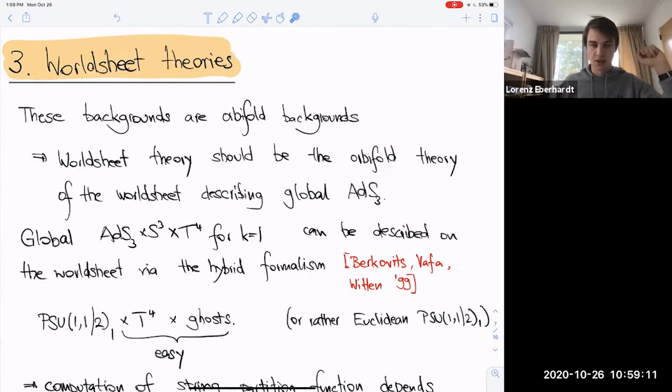And I'm calling this PSU(1,1|2) because I don't have a better name. That's actually the Lorentzian geometry. I actually need the Euclidean rotation of this. So you could call it perhaps Euclidean PSU(1,1|2), but I think there's no name that anyone gave to this sort of geometry. Okay.